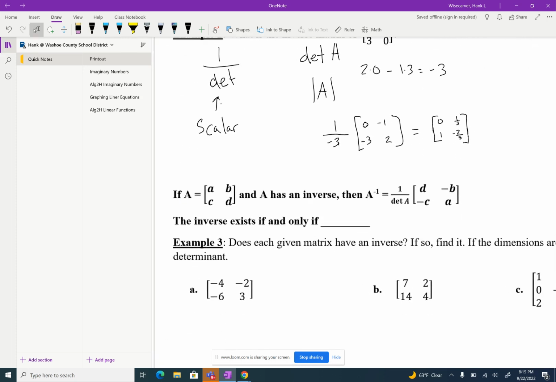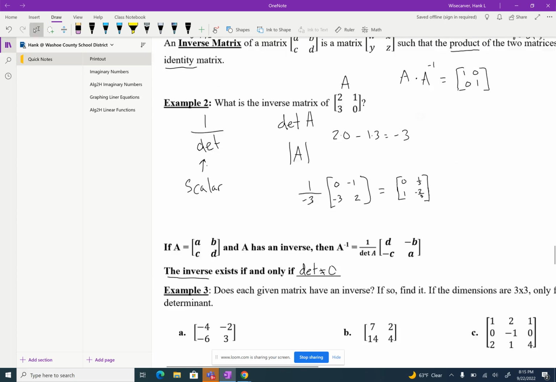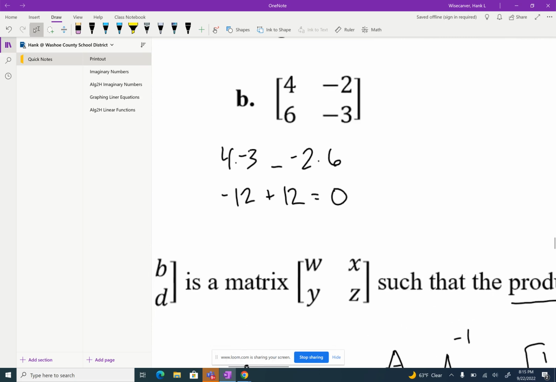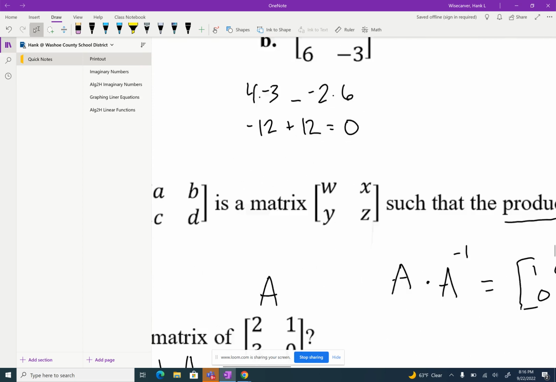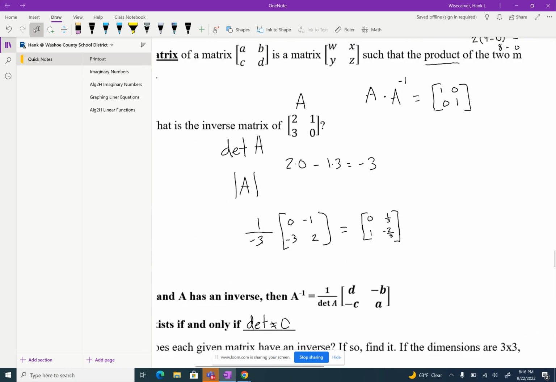All right, this is what I was talking about earlier, this section. The inverse exists if and only if the determinant does not equal 0. I mentioned back up here, special case, when the determinant is 0, that means that this matrix does not have an inverse matrix.